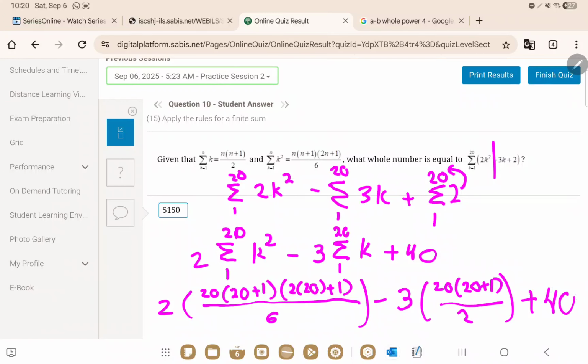Put all of this into your calculator, you should get this answer. I'm not gonna put it because I know it's gonna give me this answer. Moving on to the next question.